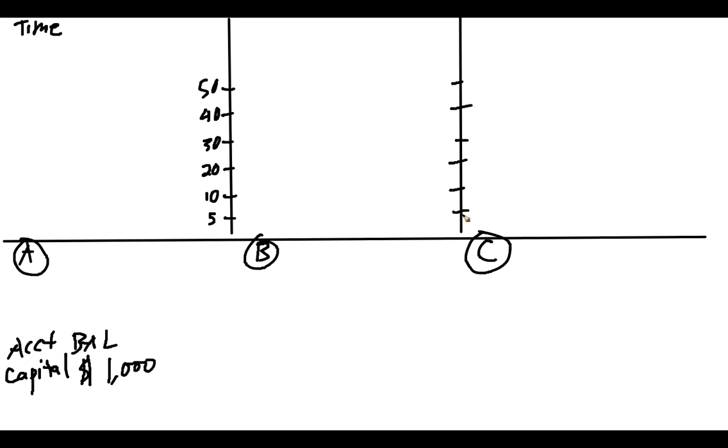Now, we're going to focus on A. So a typical stock chart might look something like this. Now you could go up, go down, go up, go down in value, go up, go down, up, down.